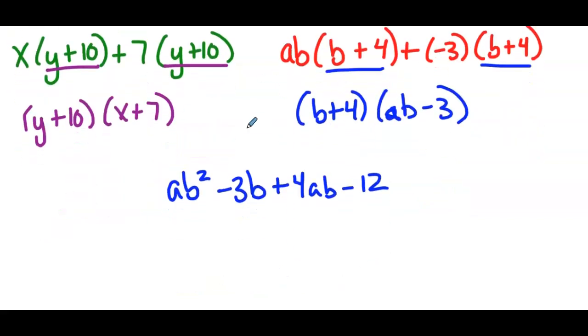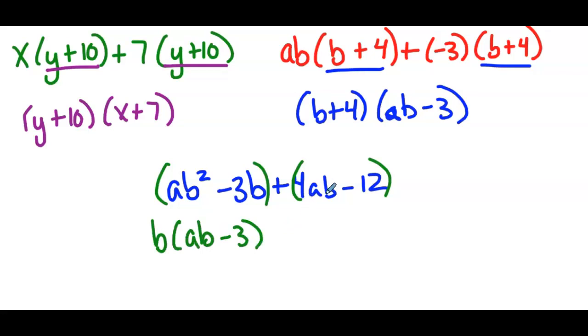Okay, so we'll group the first two terms together and the second two terms together. Taking a greatest common factor from the first two terms, we have b, and we'd be left with ab minus 3. And the greatest common factor from the second two terms is plus 4, and we'd be left with ab minus 3.